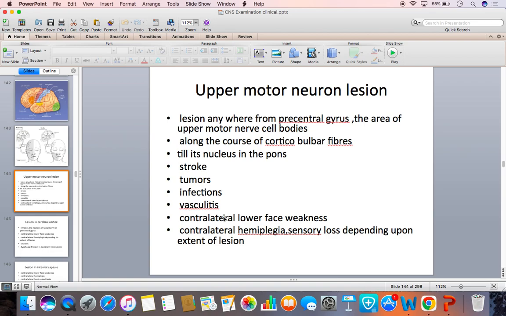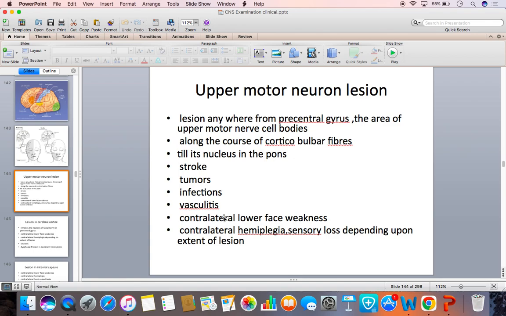This lesion could be anywhere from the precentral gyrus, the area of the upper motor nerve cell bodies, along the course of corticobulbar fibers till its nucleus in the pons. So the upper motor neuron lesion can occur in any part of the facial nerve in its course from the precentral gyrus down to the nucleus of the pons.